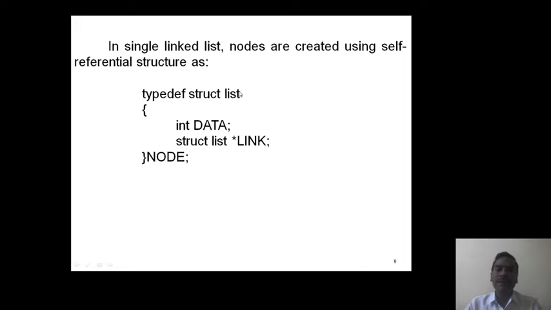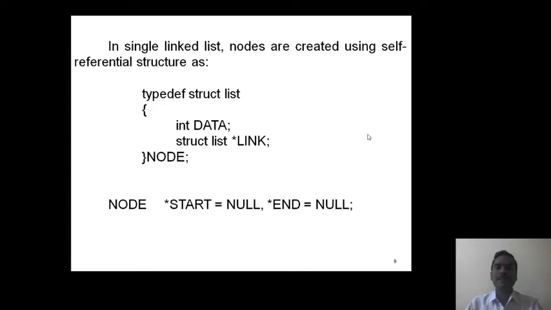This entire data type is referred to with a new name, node. For this data type, we can simply create the variables as node asterisk start. Initially elements are not available, hence it is filled with null pointer, comma asterisk end equivalent to null. These are the initial constraints.